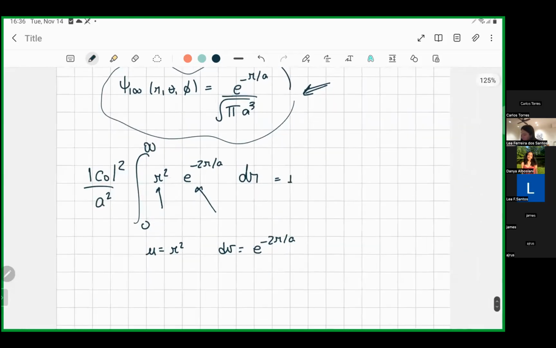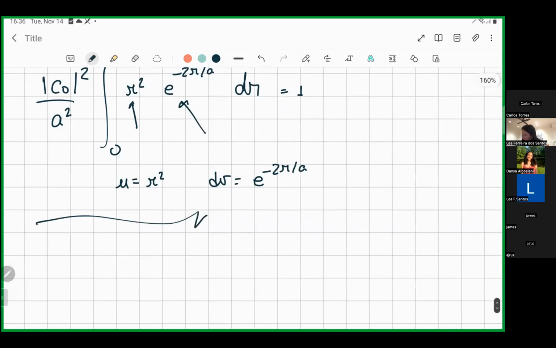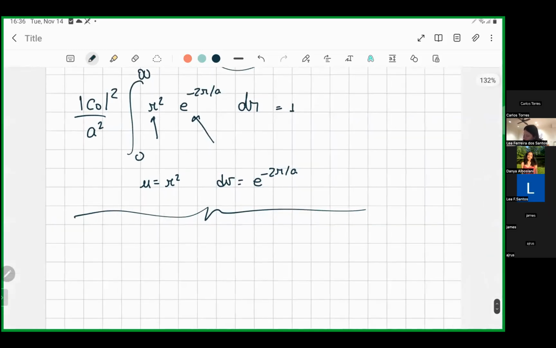So this is the wave function for the ground state. How about for N2? N2, now comes the story, because if we are going to find the wave function, well, we have to determine again what is going to be L. And once we know L, what is going to be M. Remember what I was saying, how do we find L?